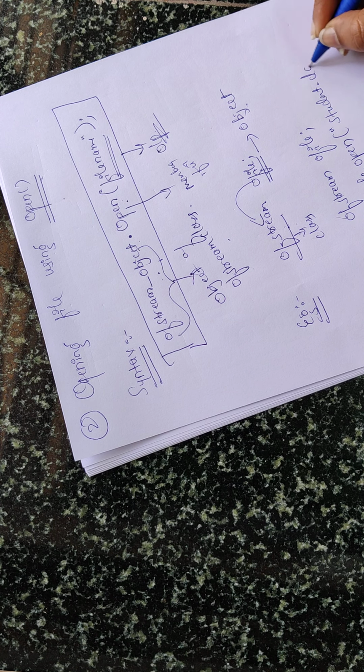Because we know that the class fstream has been derived from both the ifstream and ofstream classes. Using these two classes, this fstream class has been derived. The fstream class has been derived from the base class ifstream and the base class ofstream. As a result, the object of this fstream class can invoke all the members of its base classes.